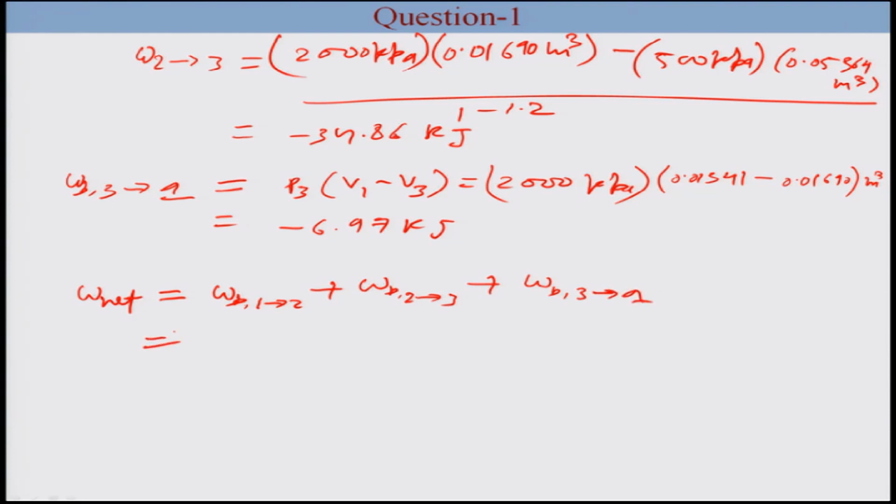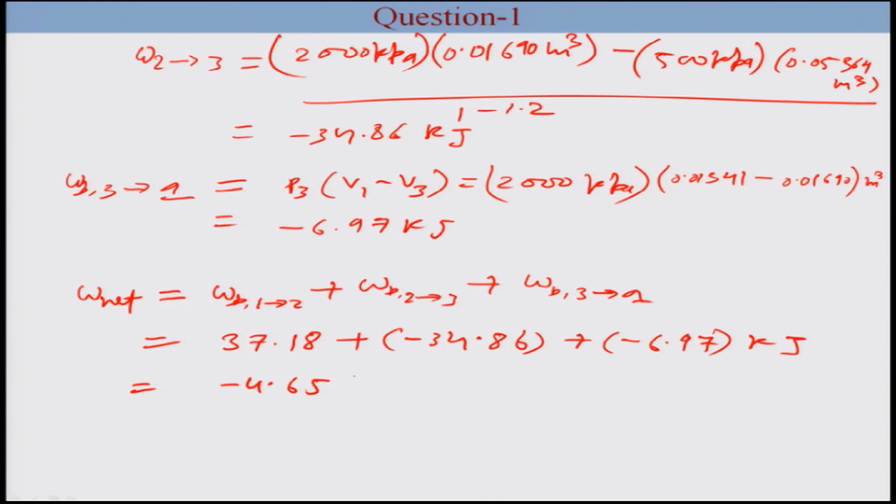So this gives 37.18 plus minus 34.86 plus minus 6.97 kilojoule, which is nothing but minus 4.65 kilojoule. So this is the total work in a complete cycle. Moving to the next question.